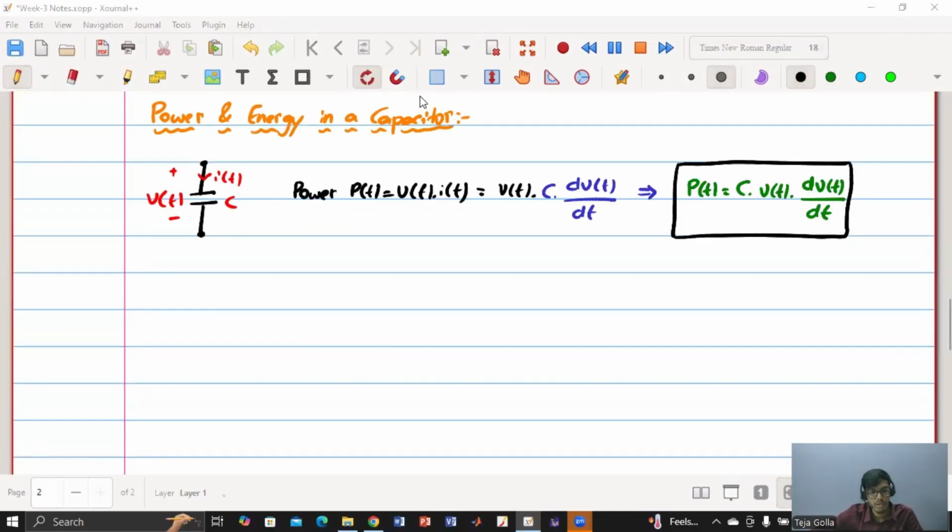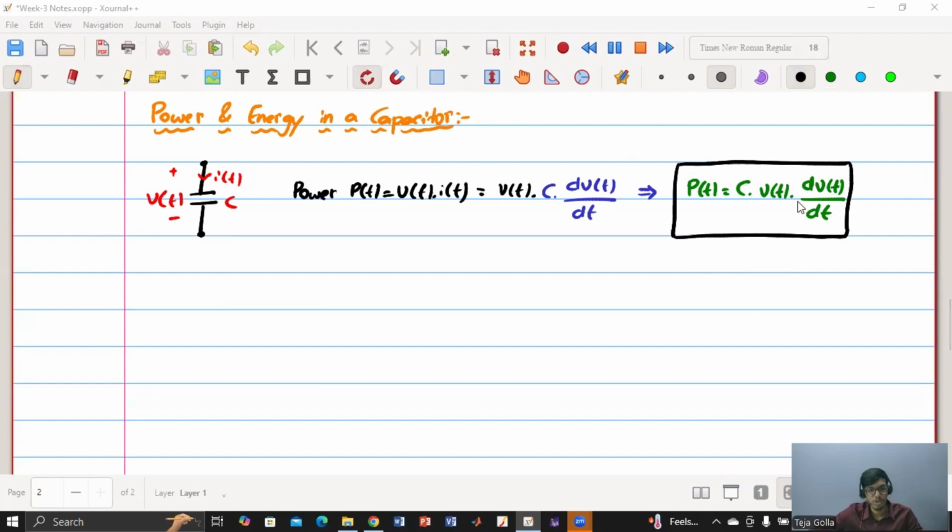Charging and discharging, yes, it can be charging and it can be discharging depending upon the sign.